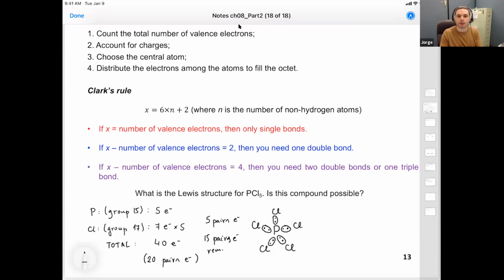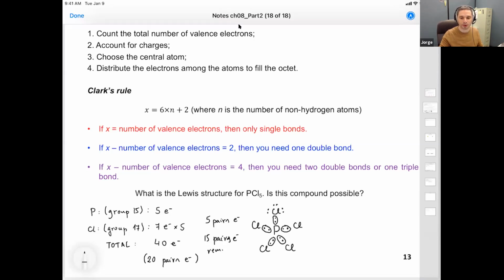Those 15 pairs of electrons remaining will be used to fill the octet of first the atoms that are outside the structure. So chlorine, this chlorine on the top is the one that I'm going to start, has 2 electrons. To fill the octet, we need 6 more. 1, 2, 3, 4, 5, and 6. Now, the chlorine on top has 8 electrons, so the octet is filled.